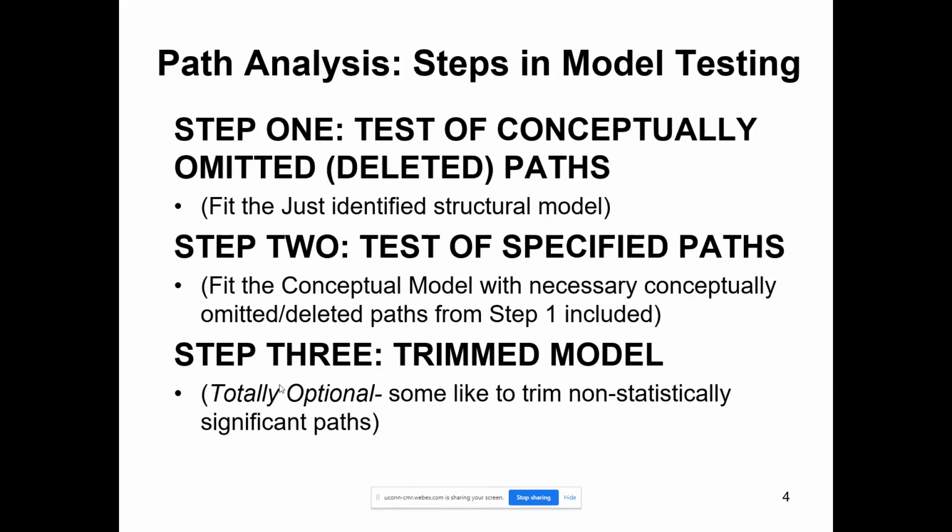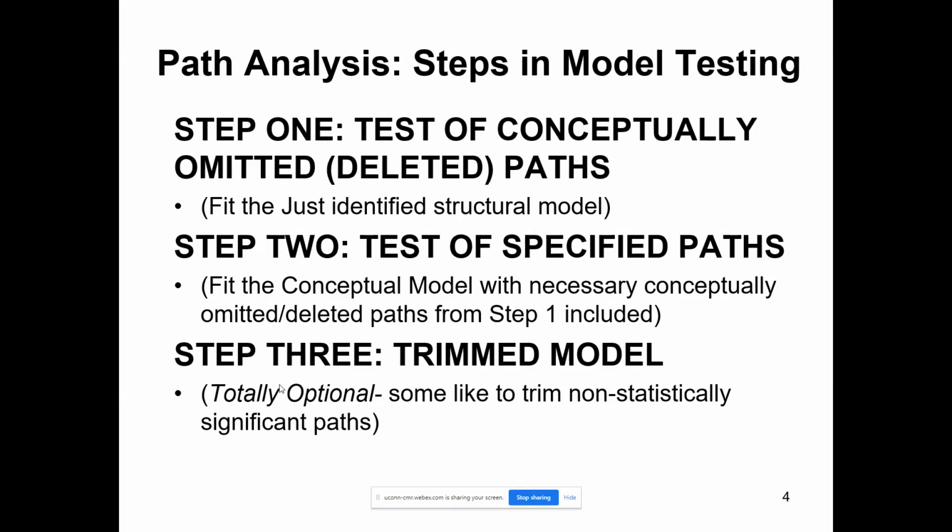If you have a decent sample size and you start trimming paths out in step 3, it shouldn't really change the parameter estimates that you leave in. It really shouldn't. So from that perspective, it seems nice to be parsimonious and trim them out. But if you only present model 3 with everything trimmed out, the skeptical reader is left to wonder, well, what did the model look like when they were in?